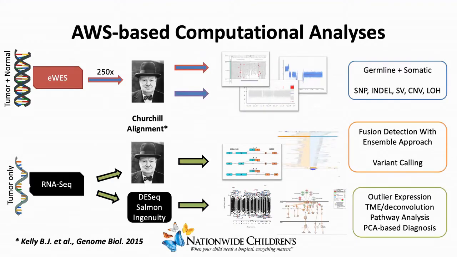So of particular interest, I hope, to this group is how we're doing all of the underlying computational analyses. And this is played out here with the tumor versus normal enhanced exome sequencing along the top panel of the slide, and then the RNA-seq, which, as you can see on the far right-hand side, invokes numerous different types of analyses, which I'll talk more about today.